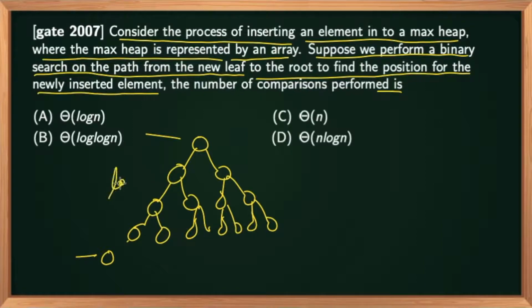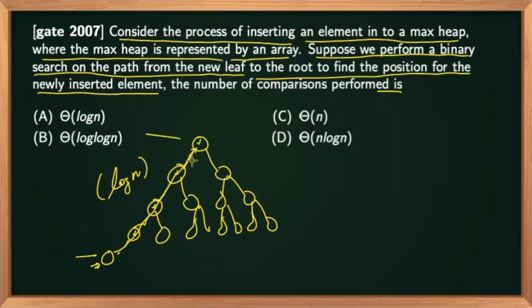So the height of this tree is log n. Now we are going to insert an element here, and that element may end up here, or here, or here, so that may be on this path.